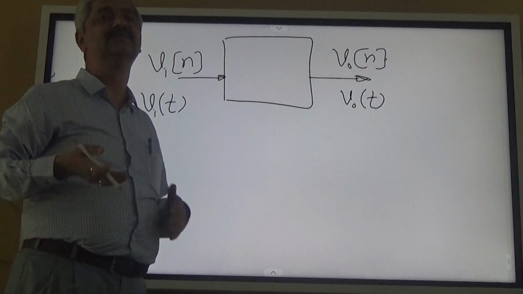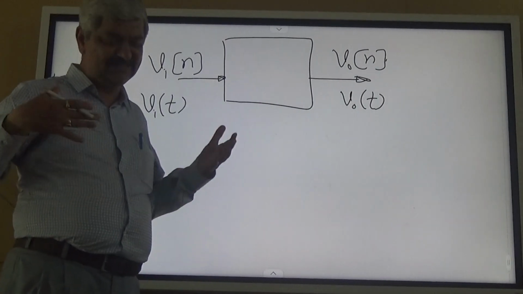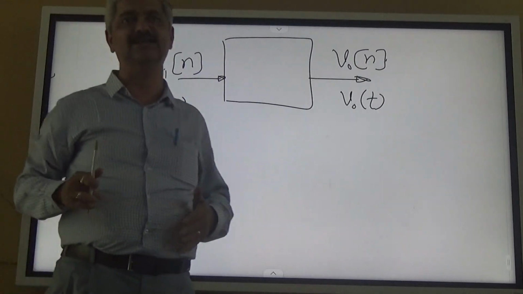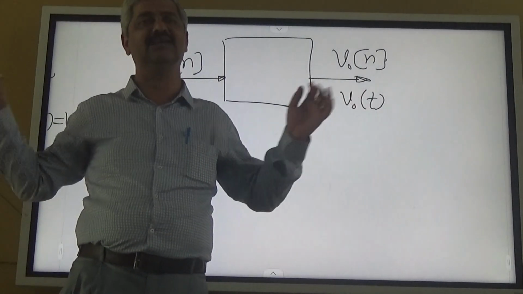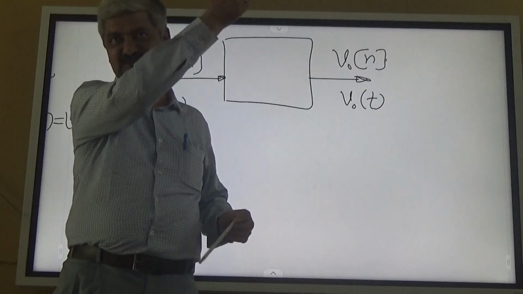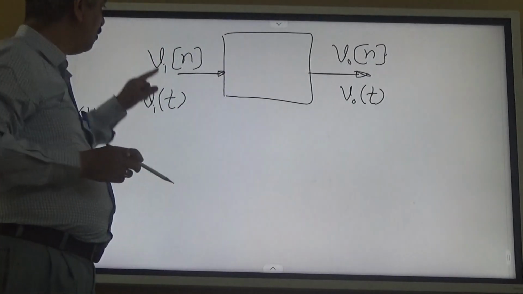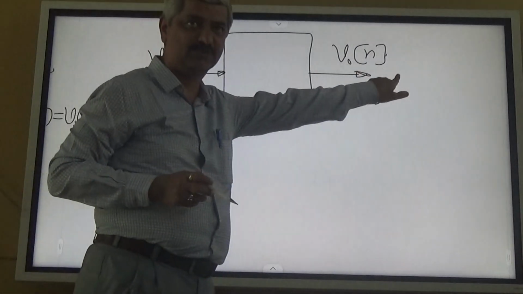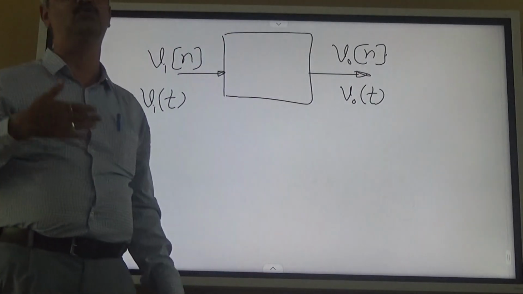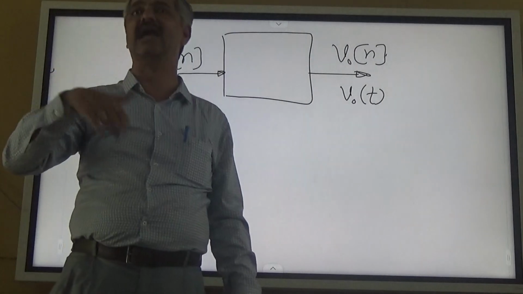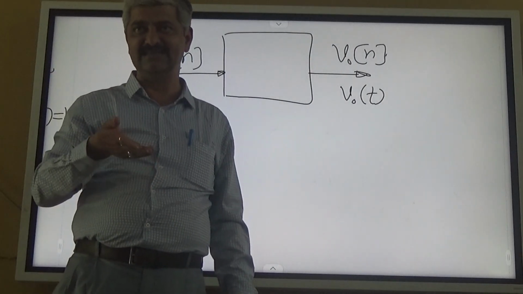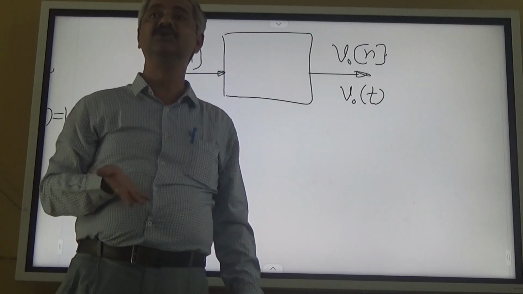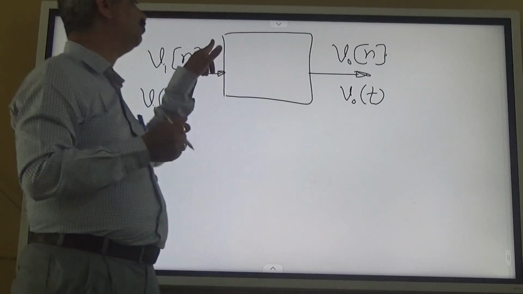So since too much detail may not be required, I tried to ignore the in-between things and take only samples. So Vin[n] is the sampled input sequence, Vo[n] is the sampled output sequence, and I can sample at a higher rate so as to be as accurate as possible, but not actually continuous.